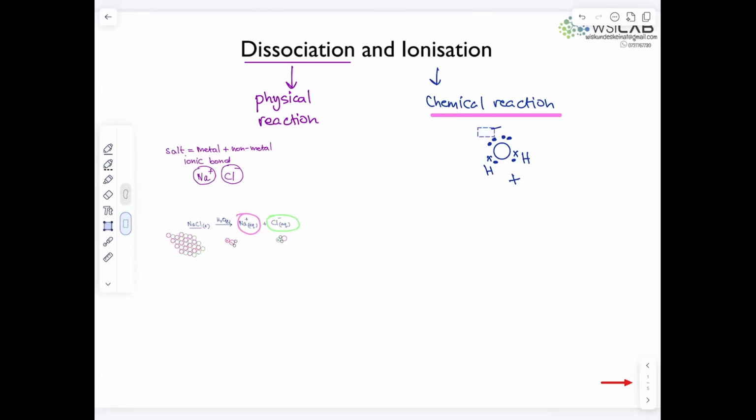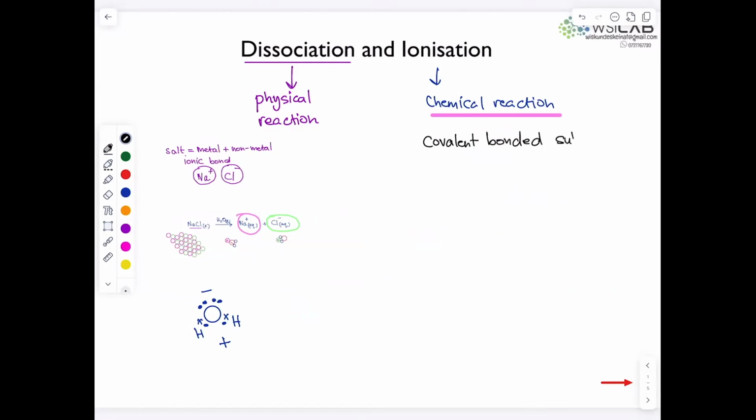Ionization takes place when a covalent bonded substance, in other words, no metal, there's no metal, reacts with water.